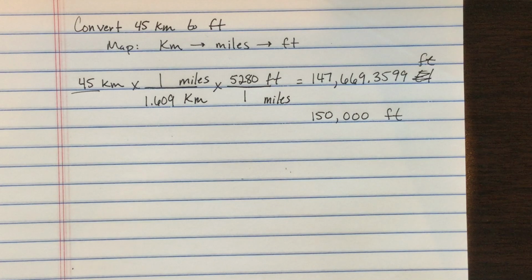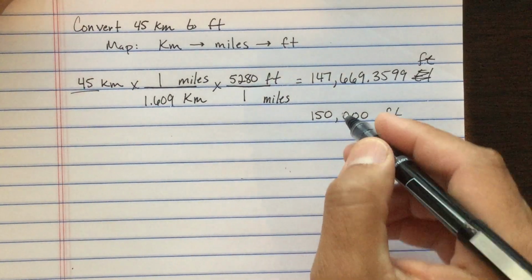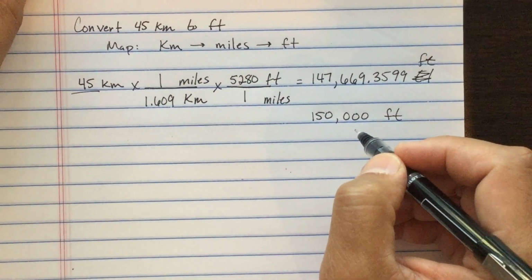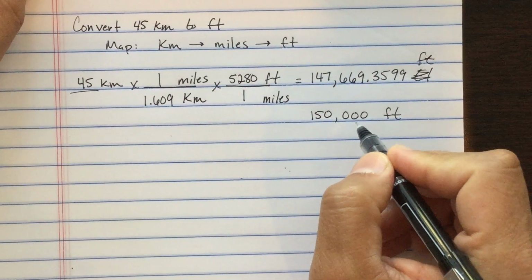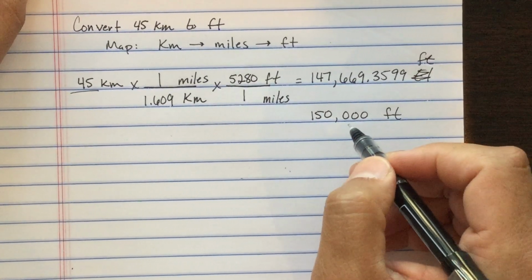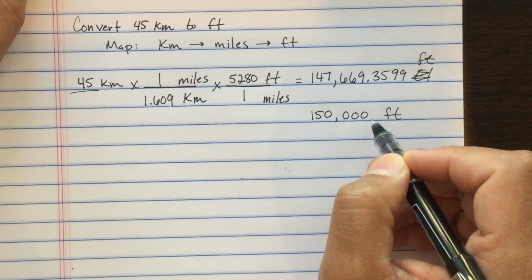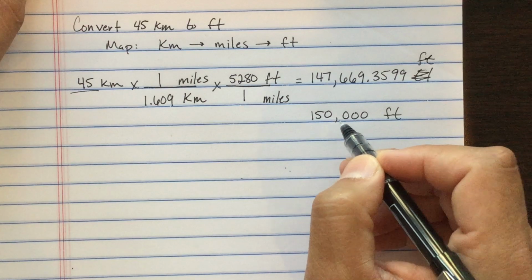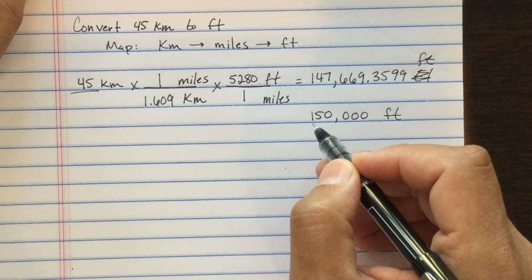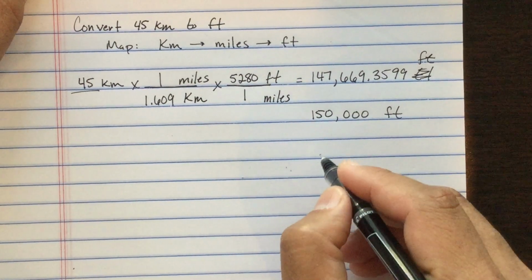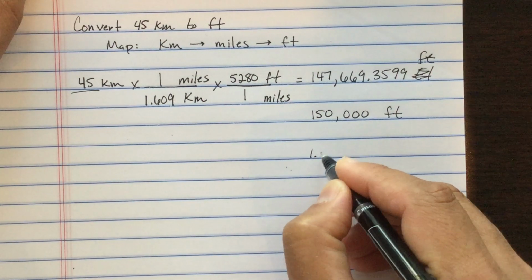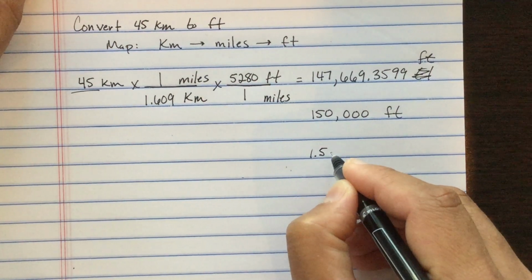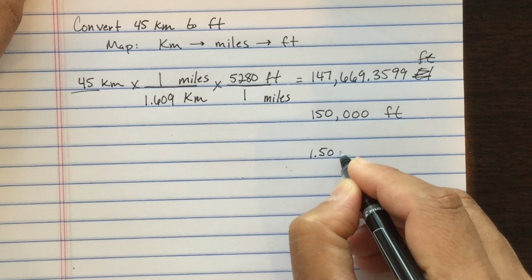We can also report this in scientific notation if we have to. Now be careful here, watch this. For scientific notation, if there's no decimal place, you can imagine there's a decimal place here at the end. And we're going to move it to the left 1, 2, 3, 4, 5 times. Remember, in scientific notation, we want one number in front of the decimal place.